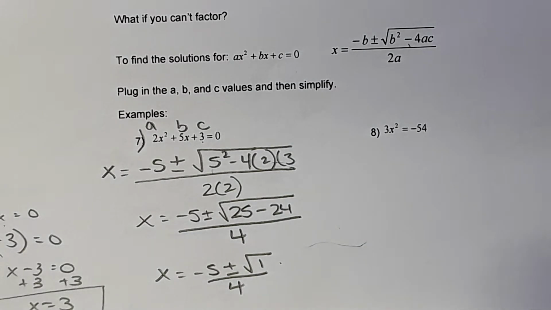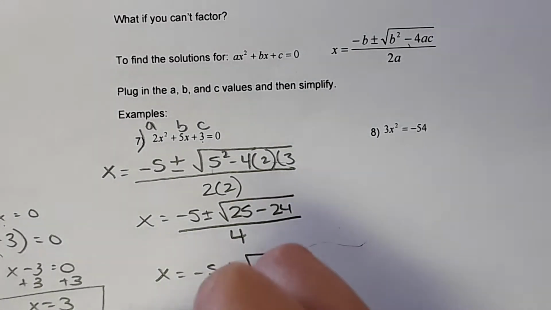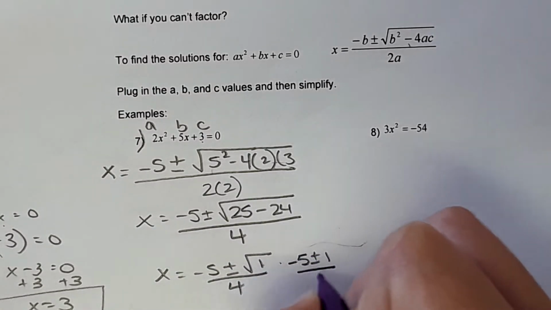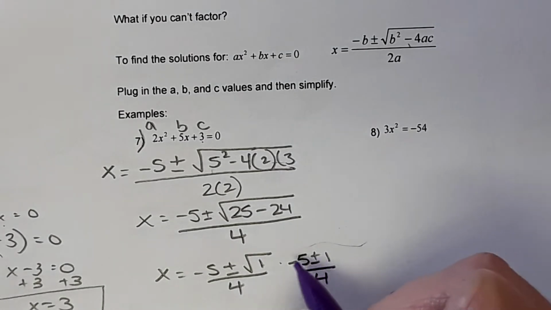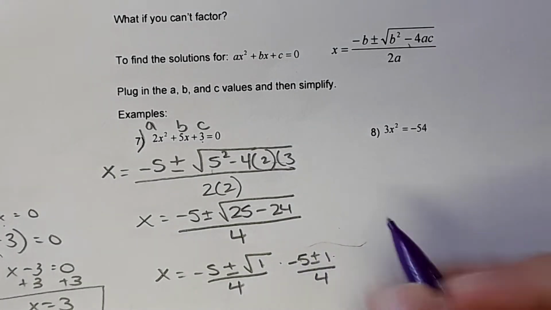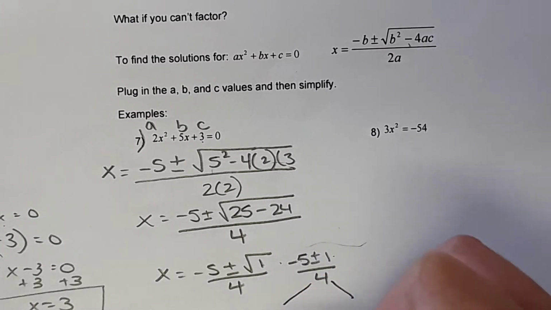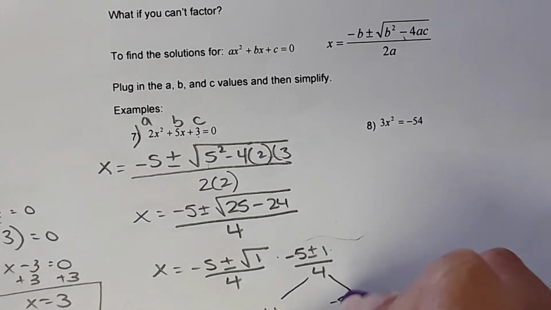I'm trying to get through this kind of quick. Okay. So square root of 1 is just 1, so we're going to get negative 5 plus or minus 1 over 4. This plus or minus would be like negative 5 plus 1 or negative 5 minus 1. So we're actually going to do two different problems, one with plus 1 and then one with minus 1.